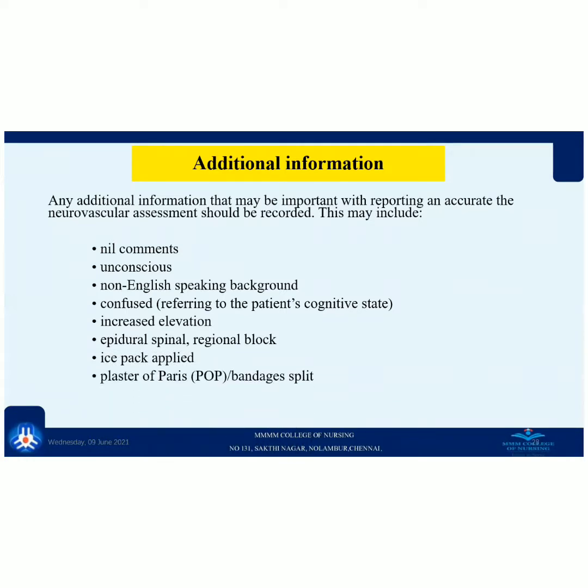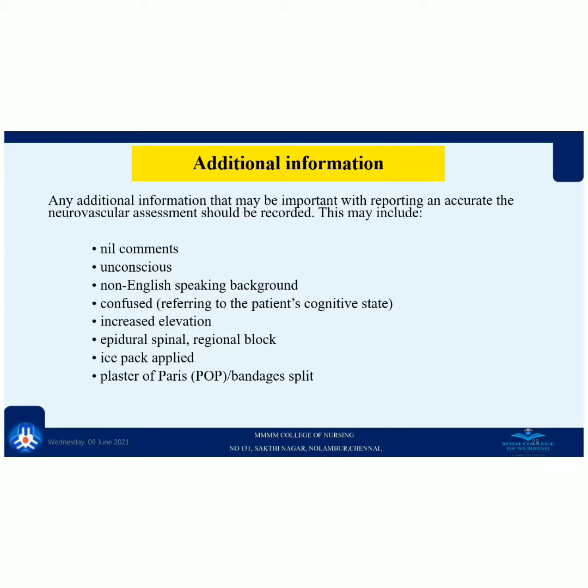Some additional information which will be important along with the above mentioned 7 components of neurovascular assessment: sometimes the patient may not respond, or the patient may be unconscious, or there may be a language barrier, or the patient may be confused, or there may be an epidural, spinal or regional block which could reduce their ability to respond to the assessment, or sometimes an ice pack is applied which could reduce certain parameters like warmth or swelling.